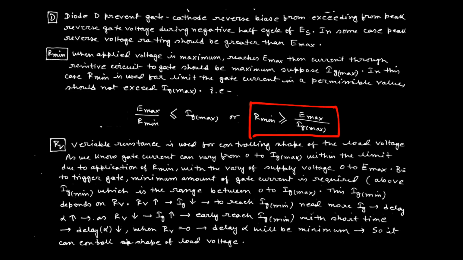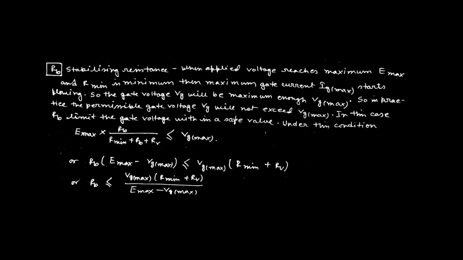So we can write the expression in a similar way: VG max equals Emax into RB by Rmin plus RB plus RV.